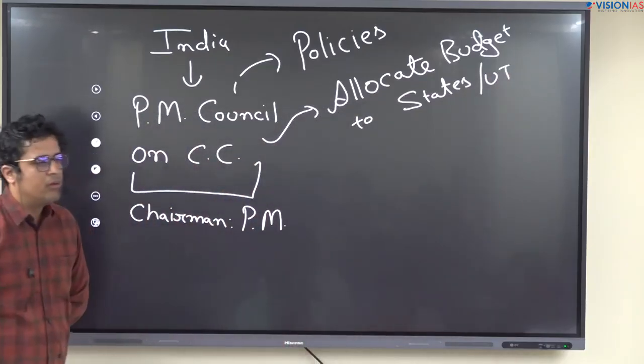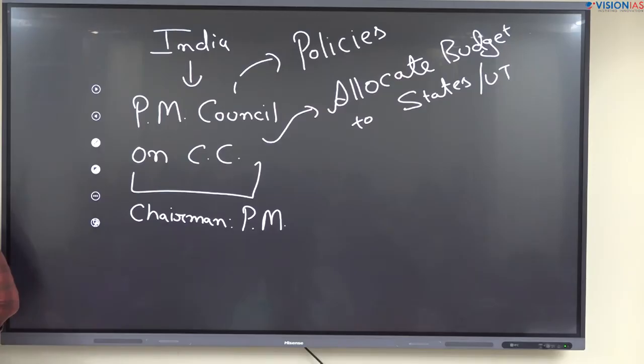They allocate budget to states and UTs for climate change projects. Without their approval, state governments cannot move forward. If any state government wants a project or plan related to climate change, it should be approved by them. Then only the state can continue with their work. So you can understand they have the authority to take decisions.